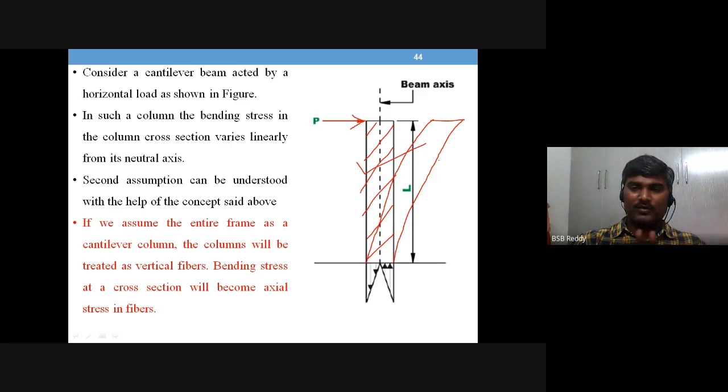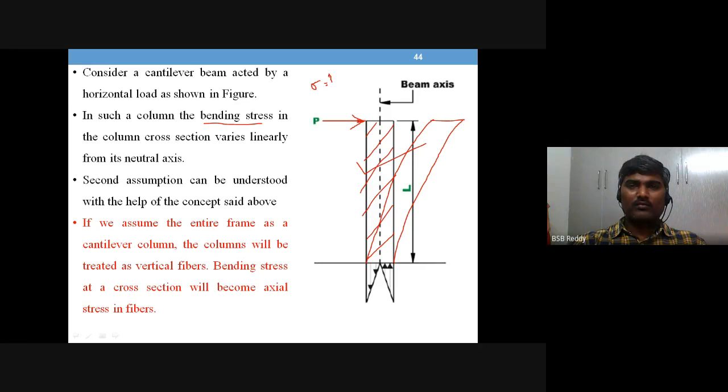This is going to be the bending nature. So bending will be there, and bending stress will develop. Just recall your bending chapter: sigma equals M by I, or f by y, all that.